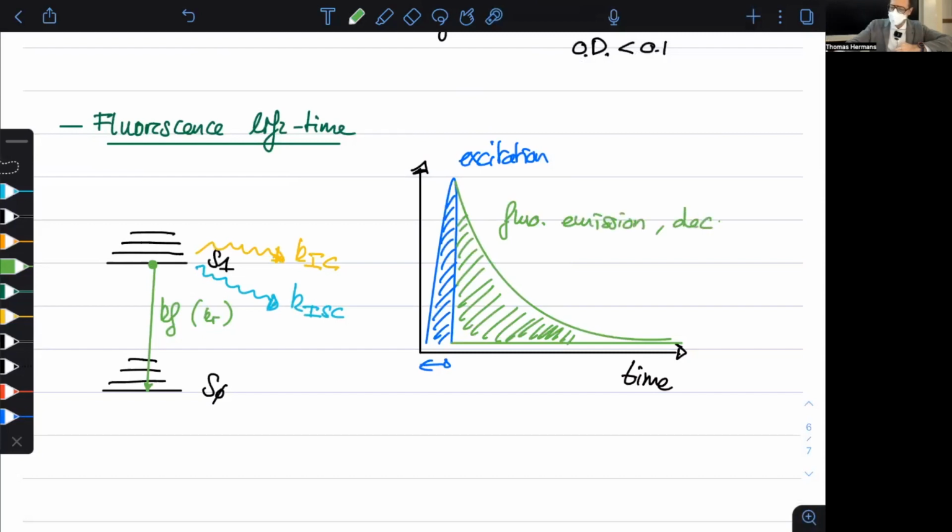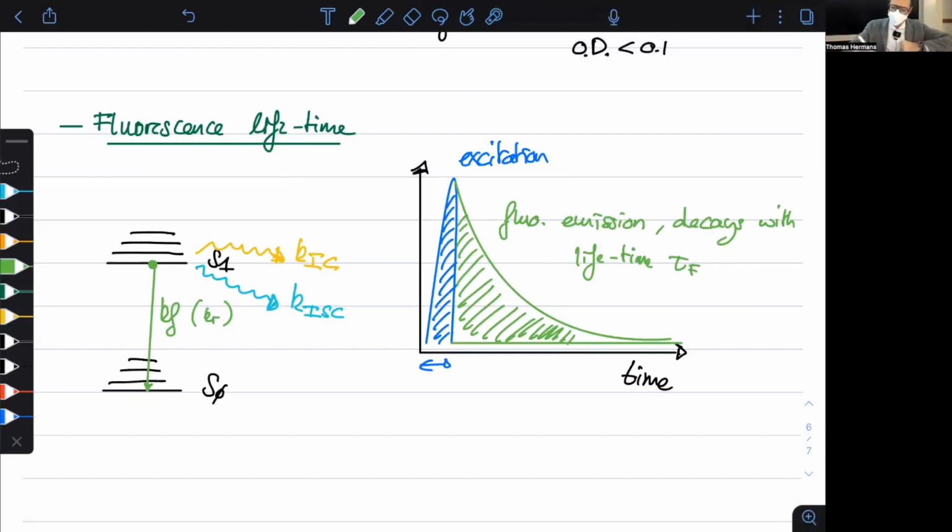And it decays with lifetime tau f. This is exactly the same as in chemical kinetics. When you have a first order reaction, you have a lifetime of this reaction, which you calculate in the same way.